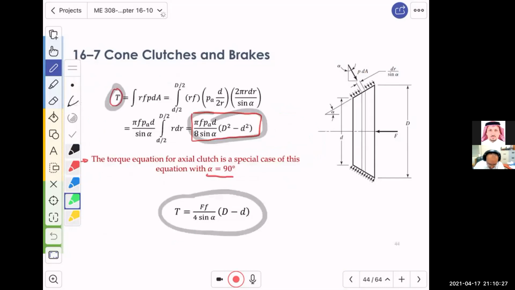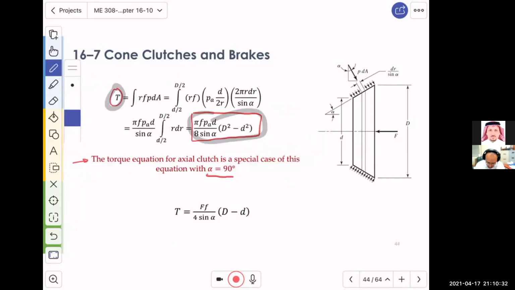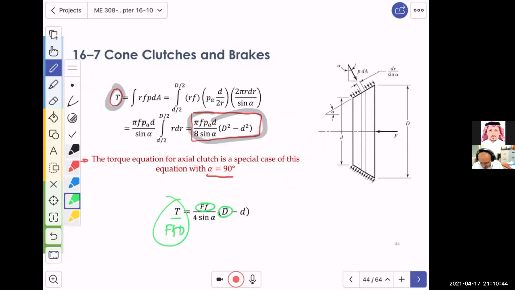Go to the other equation, and also take this F over friction and take this as a common factor. You will end up with the same story, a dimensionless expression.